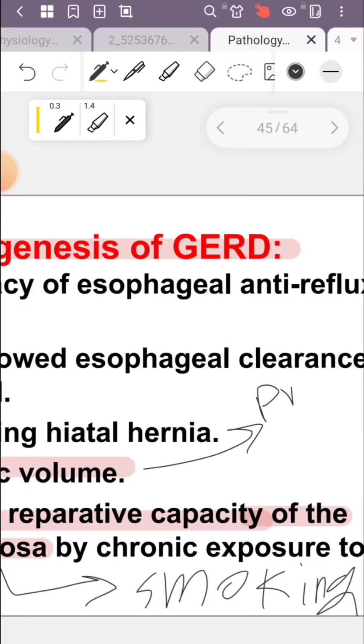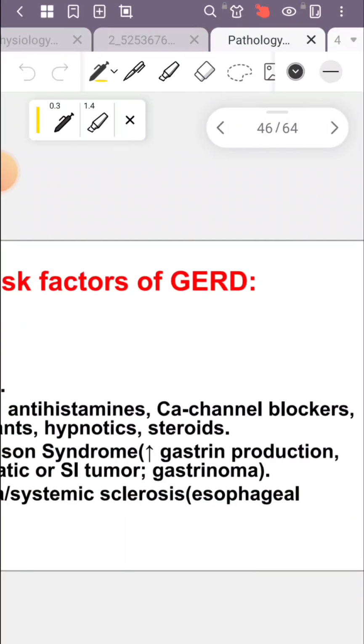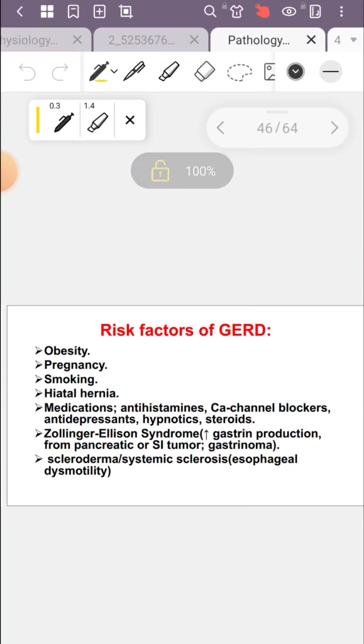Risk factors: obesity, gastric overdistension, pregnancy. There is pushing of the gravid uterus, pushing the stomach or gastric content into the lower esophagus, smoking also, hiatal hernia, and certain medications: antihistamines, calcium channel blockers, antidepressants, hypnotics, steroids, Zollinger-Ellison syndrome. What is Zollinger-Ellison syndrome?